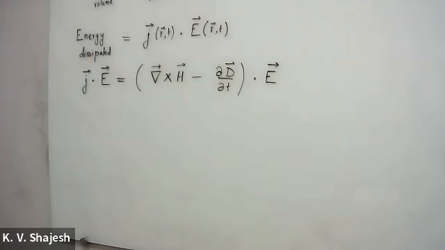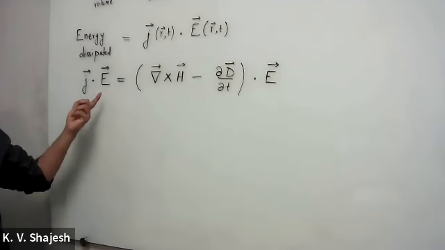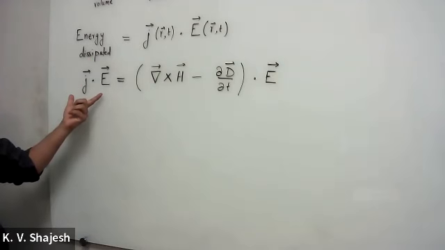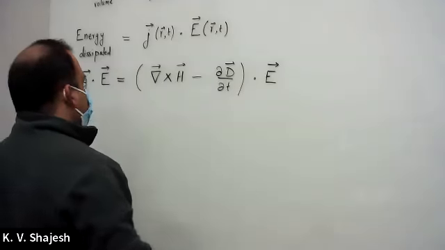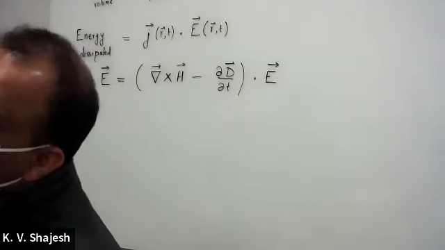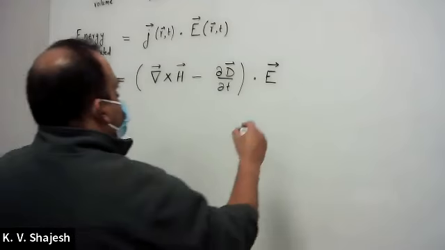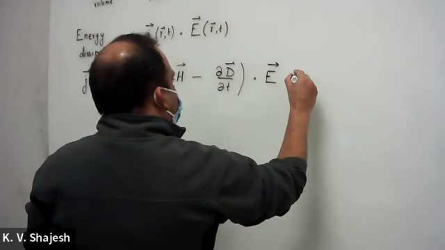Right. There is no magnetic piece for this, but I'm doing manipulations here. So I'm going to multiply by 0. I don't know whether it's plus or minus.